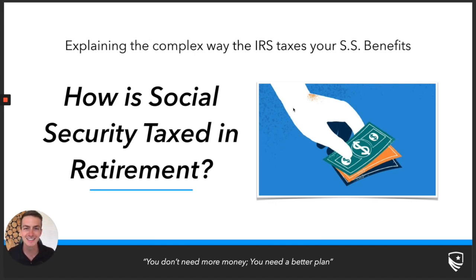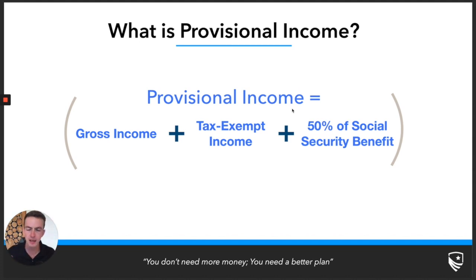Let's explain the complex way the IRS taxes your Social Security benefits. Everything is based off this formula right here. It's called provisional income. You'll often hear this quoted or talked about in relation to Social Security taxation. Basically, you find your provisional income pretty simply. You include all gross income, all taxable income sources.